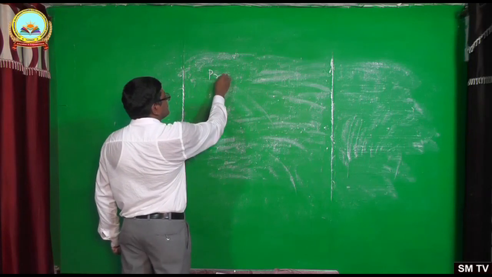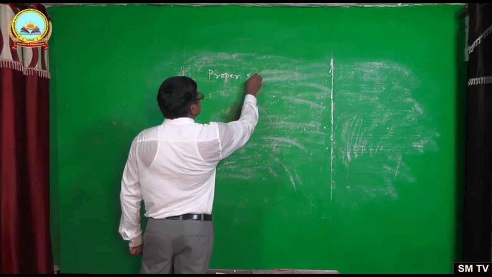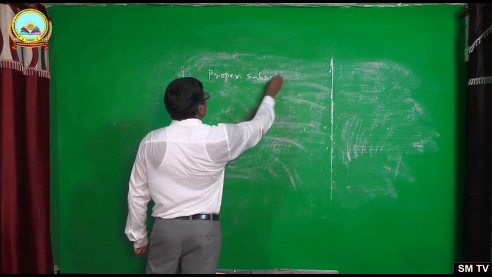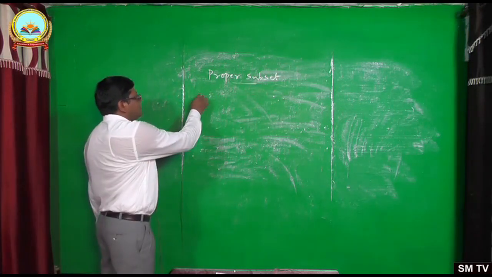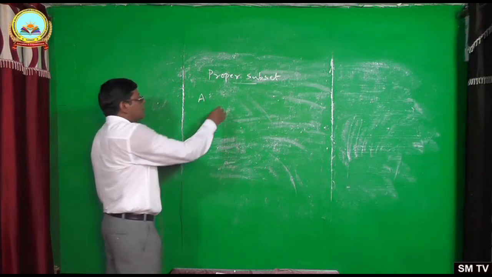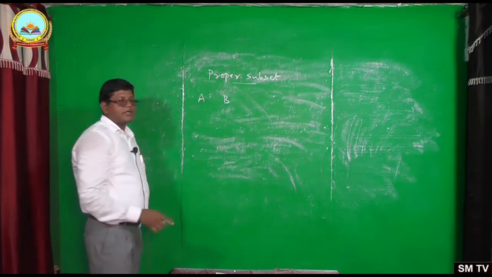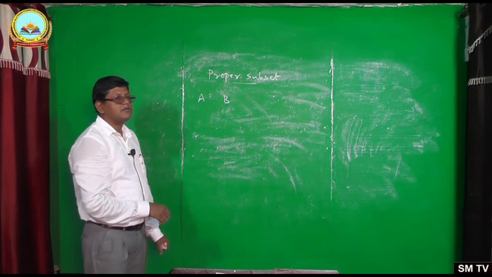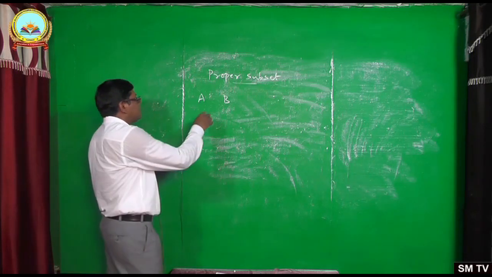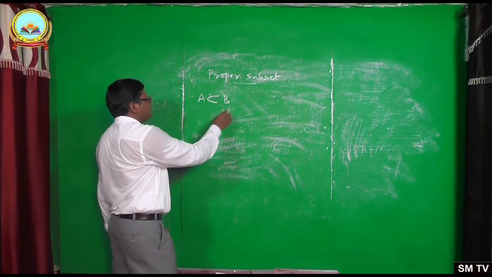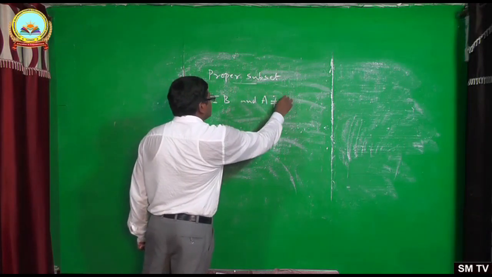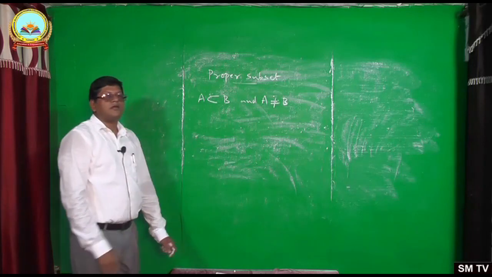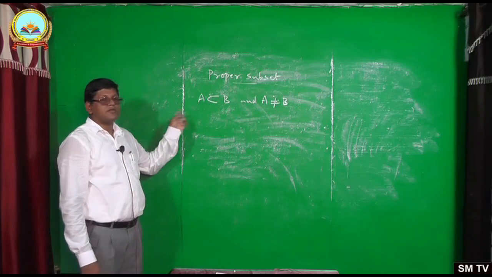Next definition, proper subset. Let A and B be two sets.